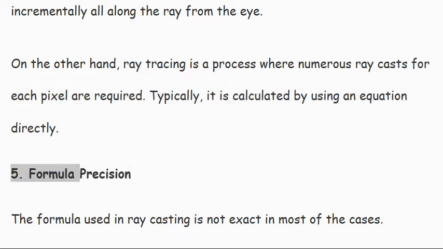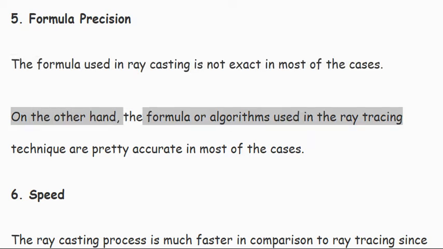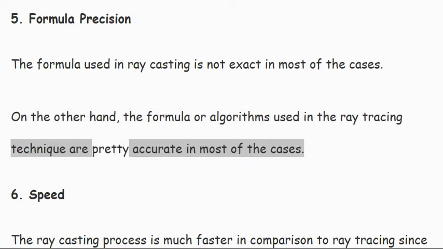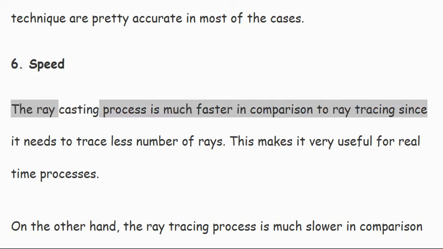Formula precision. The formula used in ray casting is not exact in most of the cases. On the other hand, the formula or algorithms used in the ray tracing technique are pretty accurate in most of the cases.